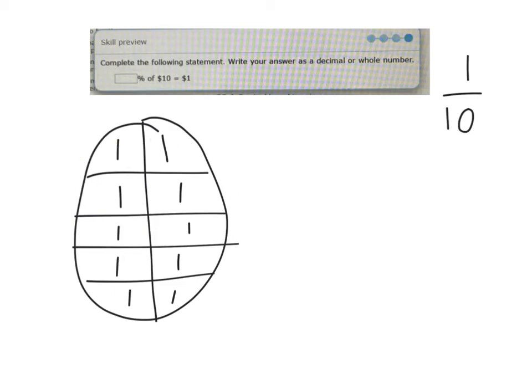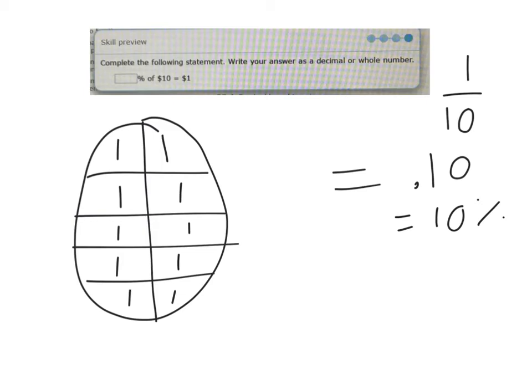I have $1 in each equal part. This is 10% or 1/10. Really, this one's a bit funny because the answer is kind of given away to you here. 1 divided by 10 is the same as 1/10 or 10%. And the answer is 10%.